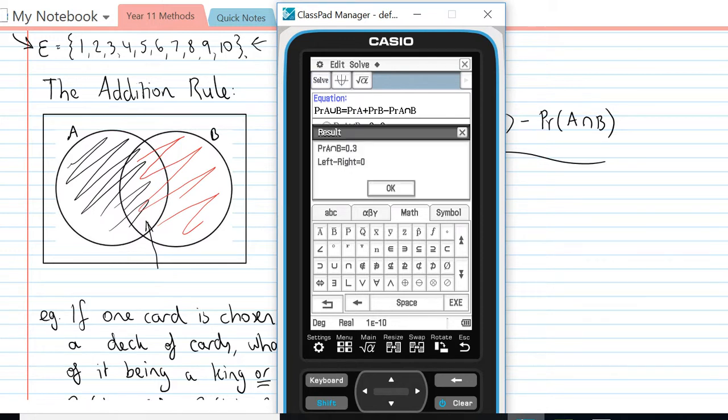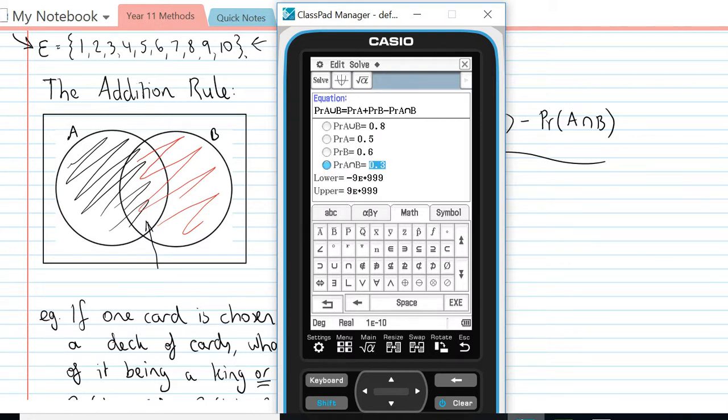Is this going to work? Yep, okay, so the probability of the intersection then was 0.3. So it worked out quite nicely. And so, yeah, again, we can use this to evaluate problems in lots of different ways.